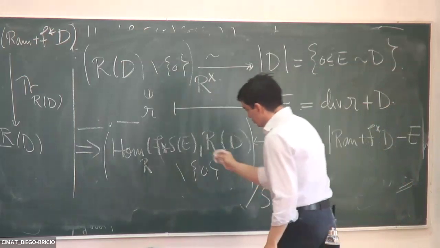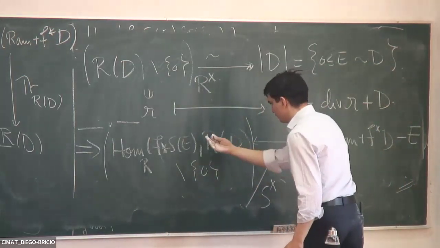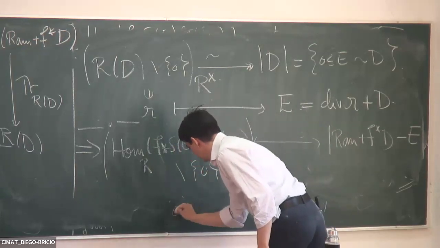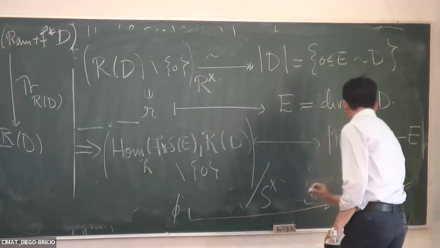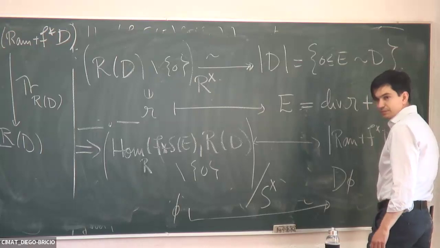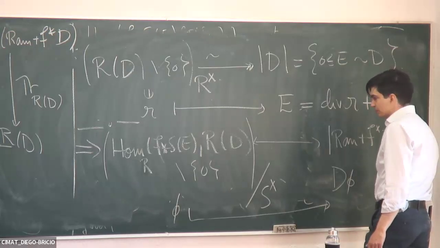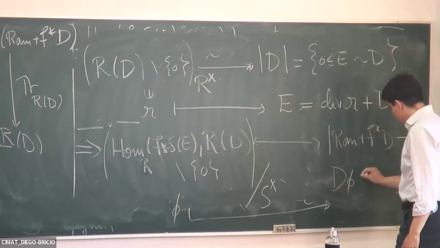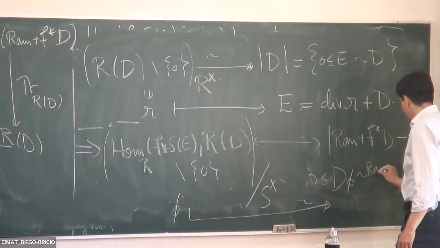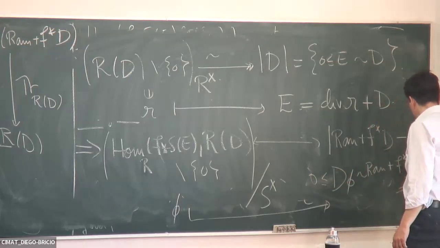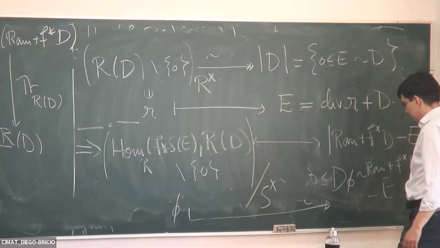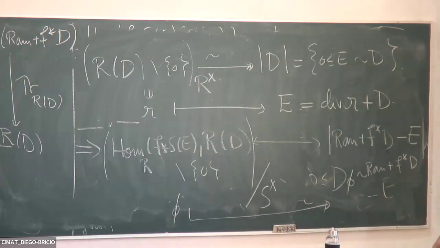In other words, to a map phi here, we're going to map it to a so-called D_phi. And this is going to be an effective divisor that happens to be linearly equivalent to R plus F*D minus E. And that's it. That's the main conclusion of today.